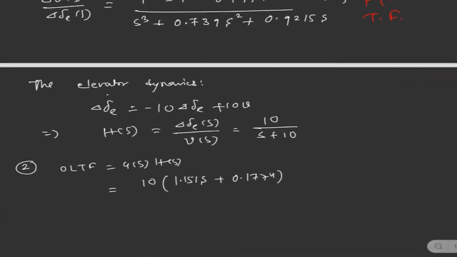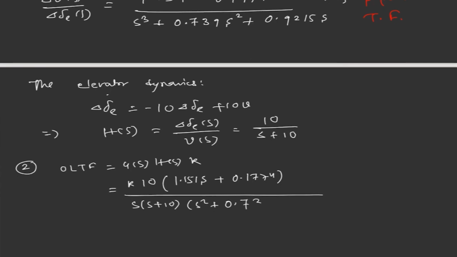So here K into this, divided by S into (S plus 10), into (S square plus 0.739 S plus 0.9215).